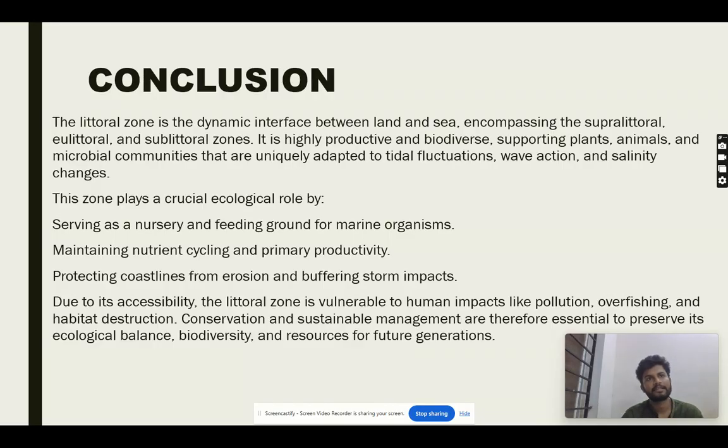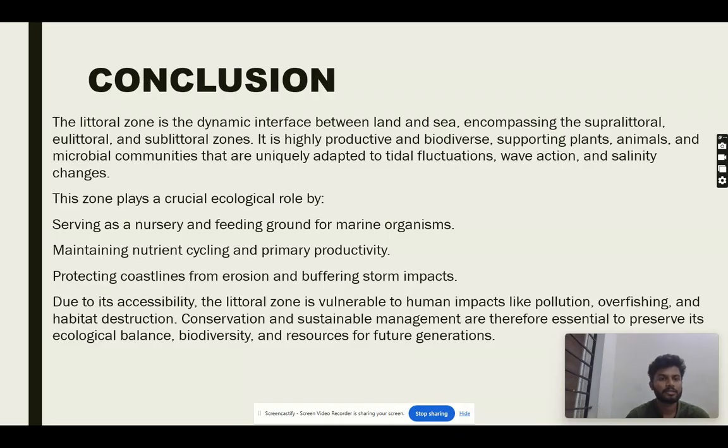We have discussed various abiotic factors that govern the survival of organisms, and the various strategic adaptations evolved by these organisms over the course of time to protect themselves from abiotic stress like desiccation, high salinity, high temperature, tidal fluctuations and waves, so that they can survive in the littoral zone.